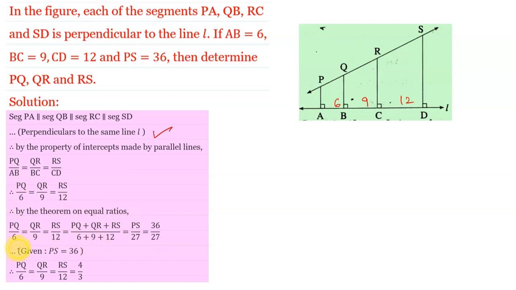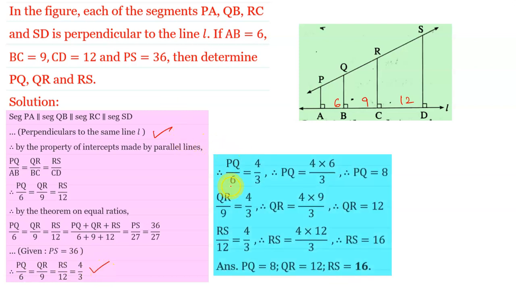That is PQ upon 6 is equal to QR upon 9 is equal to RS upon 12, which is equal to PQ plus QR plus RS upon 6 plus 9 plus 12, and PQ plus QR plus RS is nothing but PS. 6 plus 9 is 15, 15 plus 12 is 27. But what is PS? PS is 36. If we simplify it, the value of each ratio is equal to 4 upon 3. Now here PQ upon 6 is equal to 4 by 3. Therefore PQ is equal to 4 by 3 into 6.